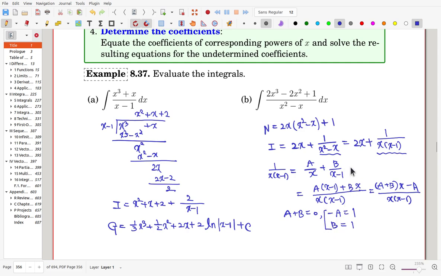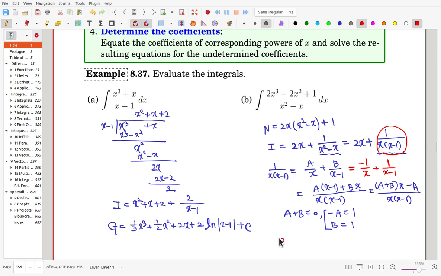So the partial fraction is now determined. A is minus 1, so minus 1 over x, and B is 1, so 1 over x minus 1. So this term is already partitioned.